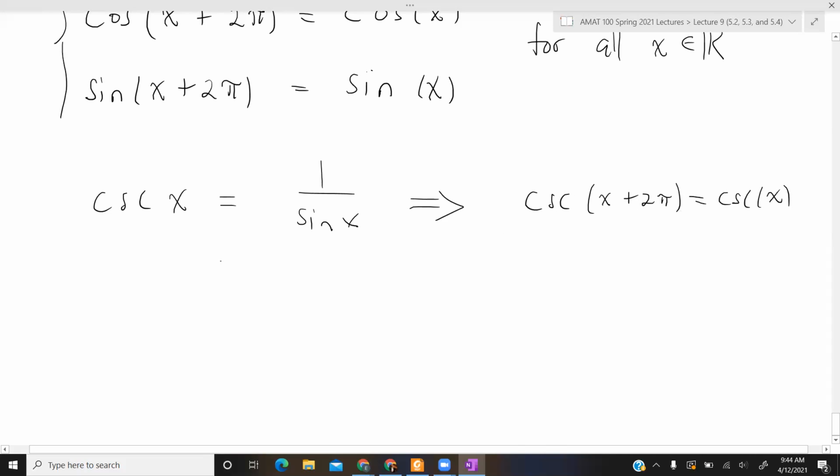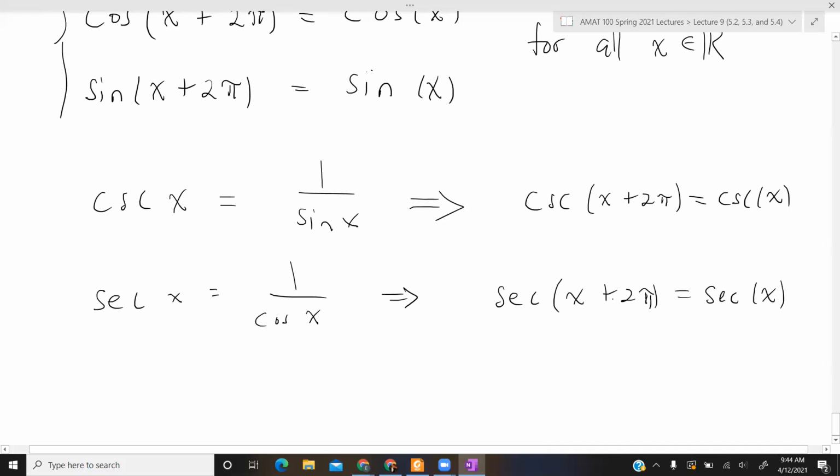And secant x is defined as 1 over cosine x. Again, that immediately implies that the secant function is also periodic with a period of 2 pi. These two equations hold for all x.